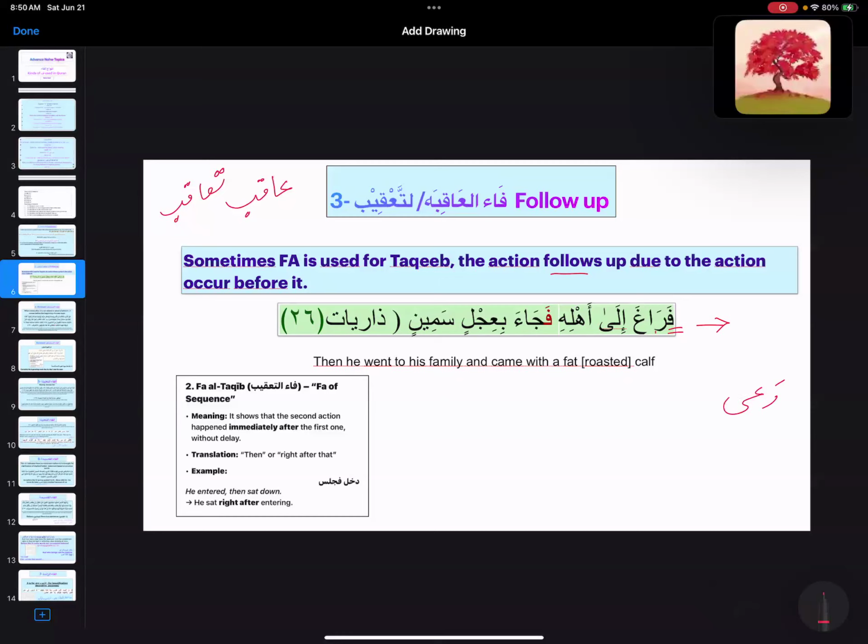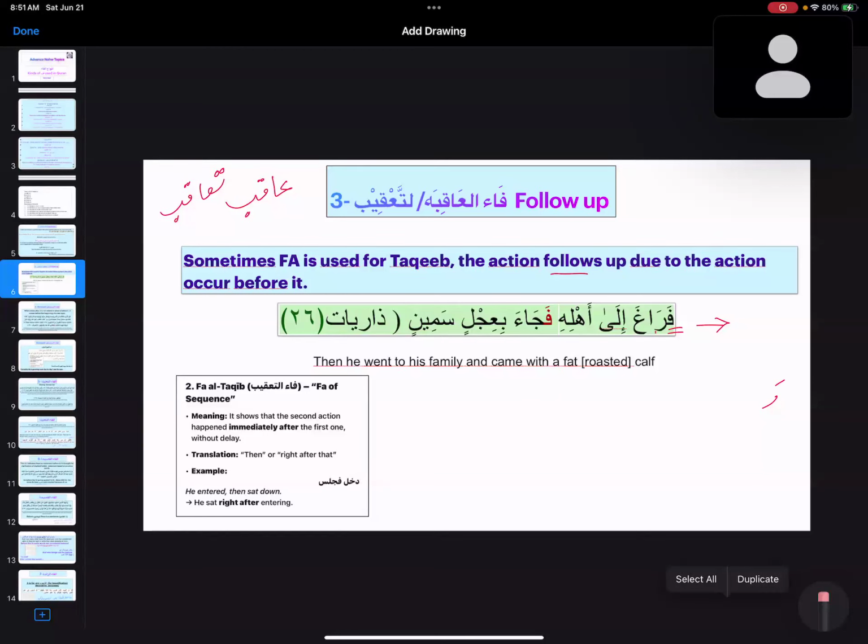That has ba in it. So I don't know what the last root letter is. Maybe it is ba, because alif is never a root letter. It could be ra-wa-ghayn or ra-ya-ghayn. Yeah, exactly.